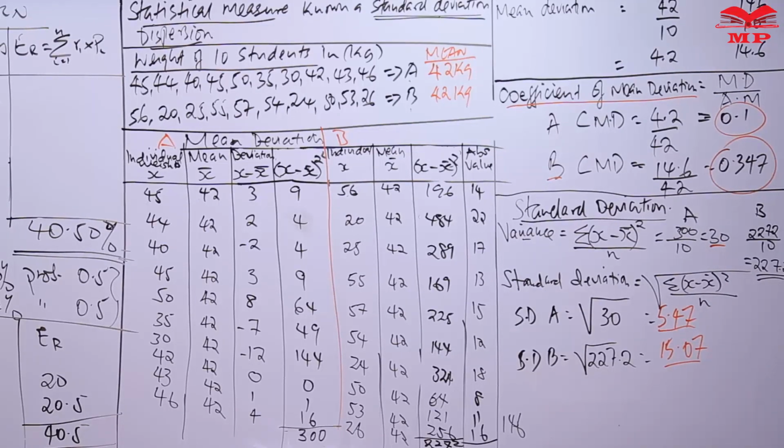Standard deviation of class A is 5.47, B is 15.07. What does that mean? What is the interpretation?